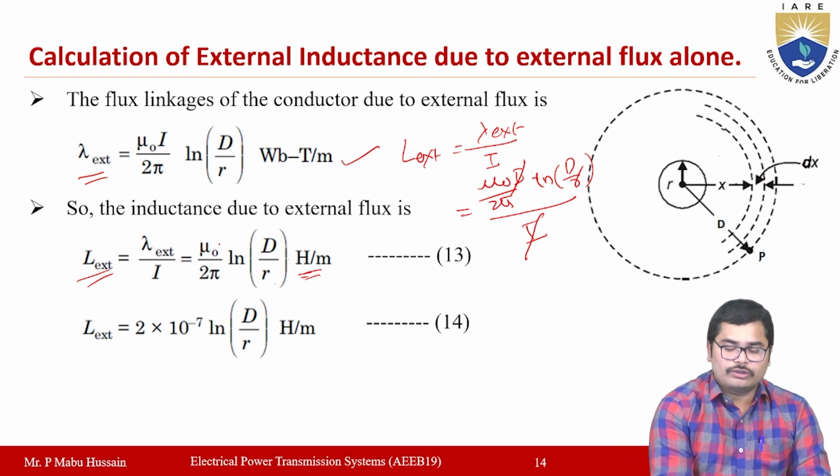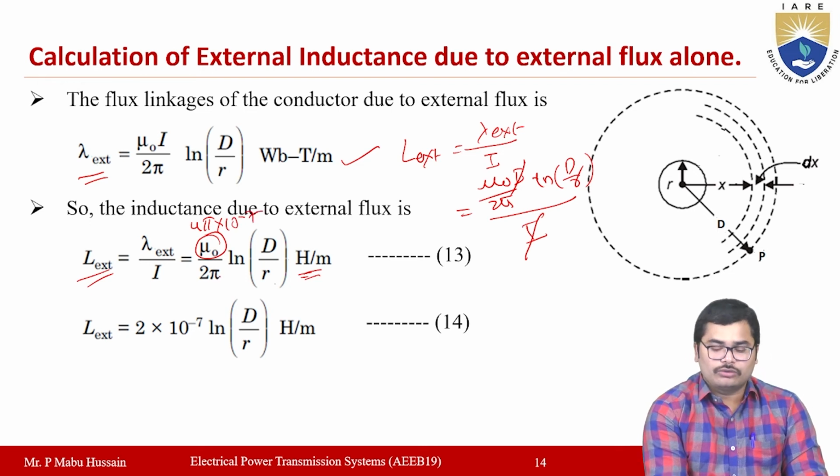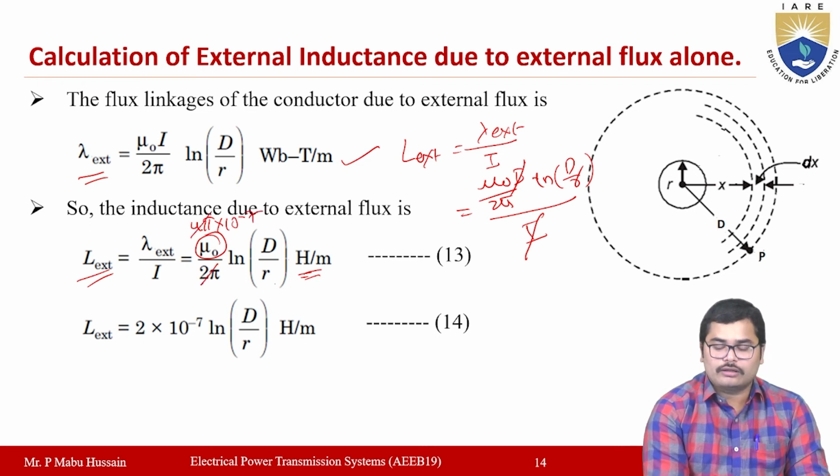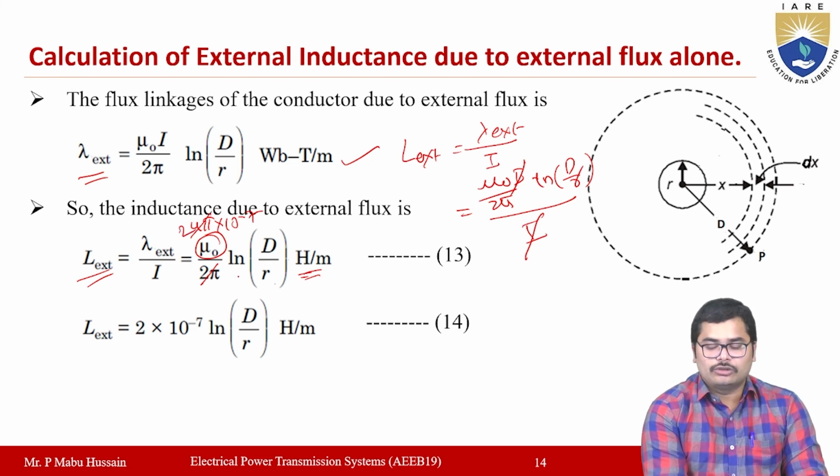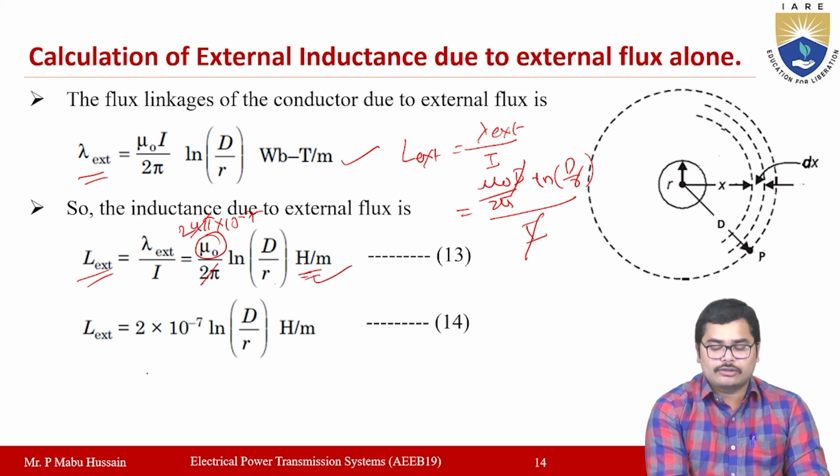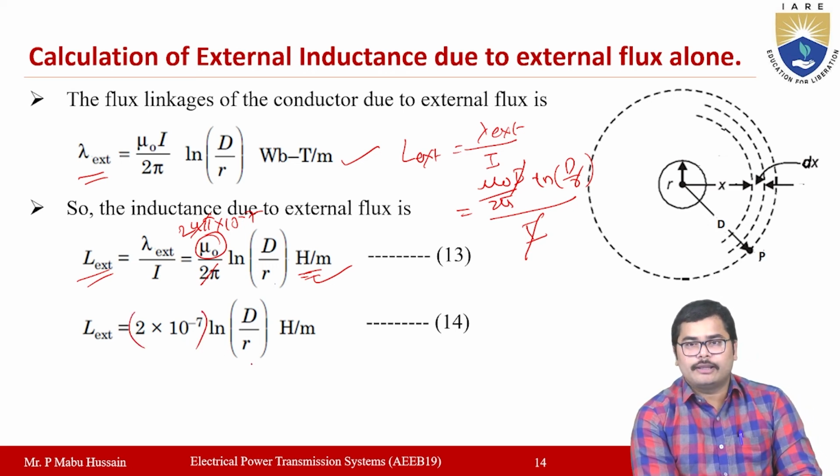As you know, this mu 0 is nothing but 4 pi into 10 to the power of minus 7. Now you can do the calculations here: pi will get cancelled, 2 you will get, so this expression 13 you can write as 2 into 10 power minus 7 ln d by r.